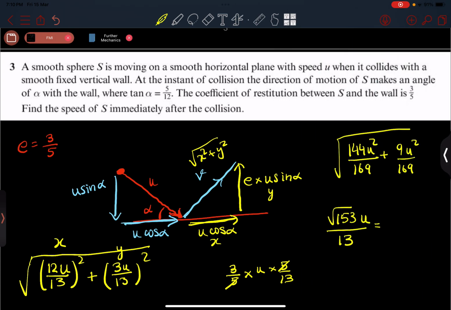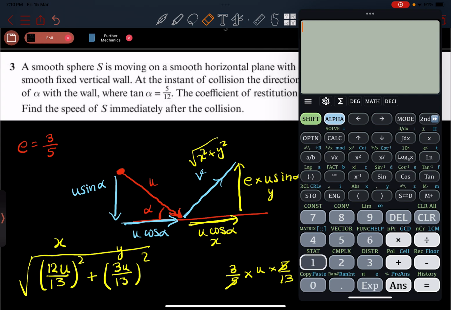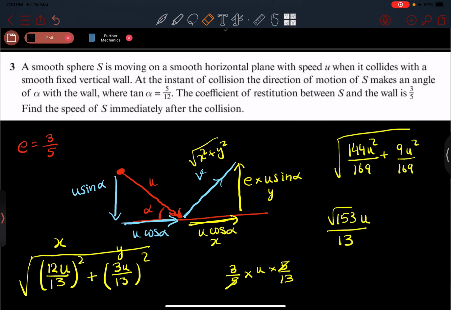I would just leave it here, and then just check if we can divide 153 by 17. Oh okay, so you've got 9, so that will then be 3 root 17 u over 13.